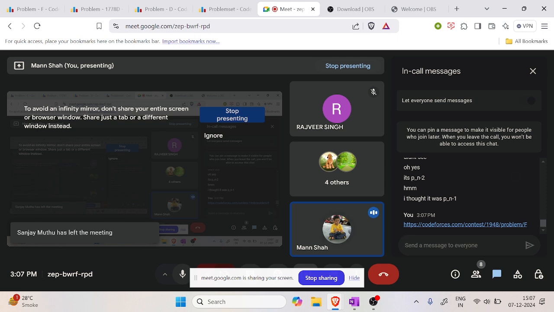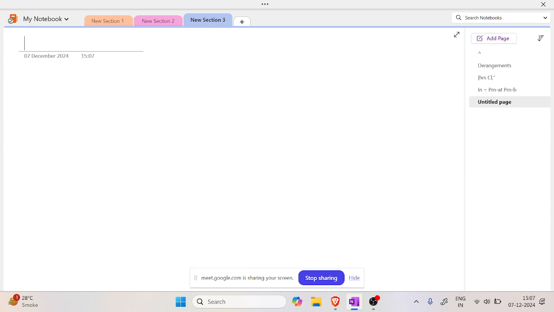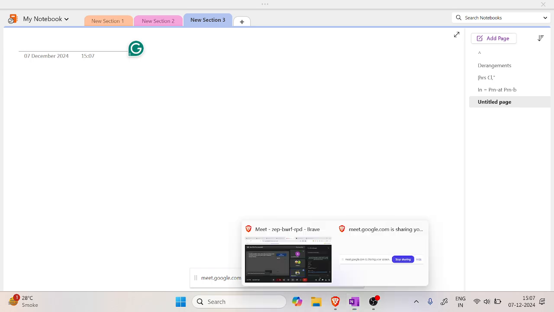I'll just summarize this problem. You have N gold coins and N silver coins.